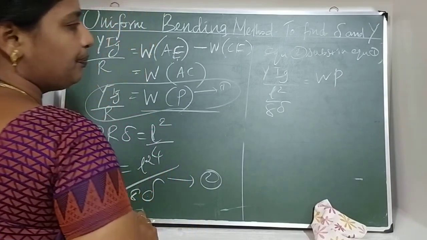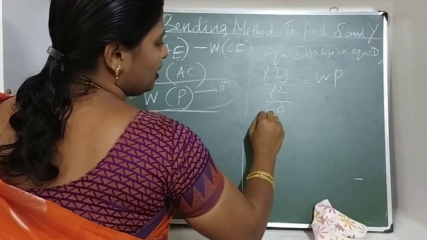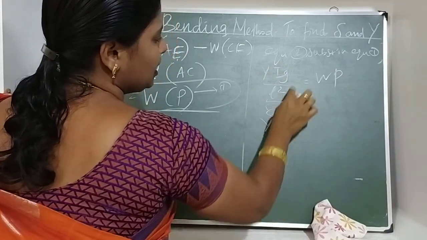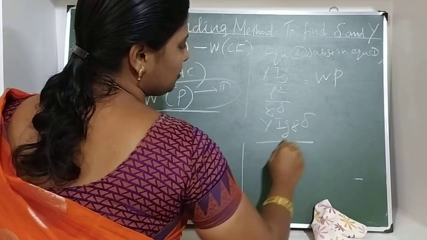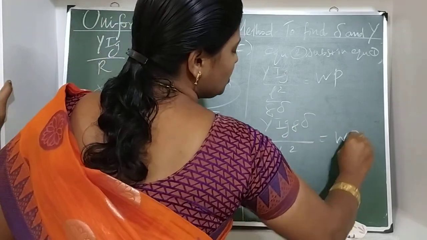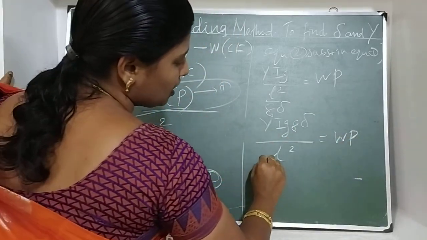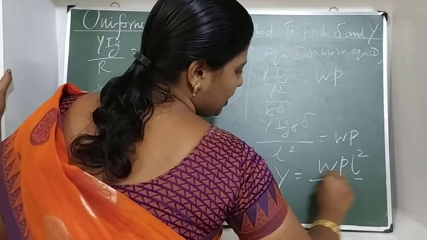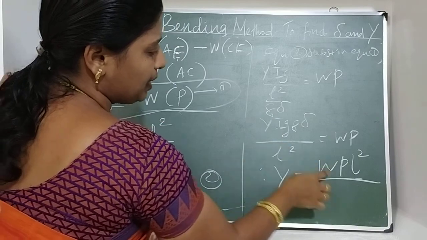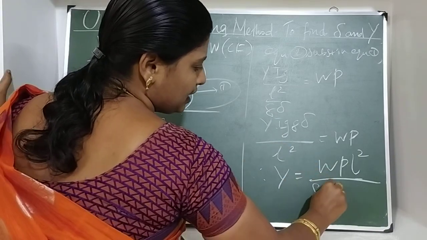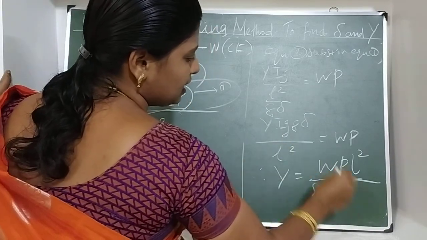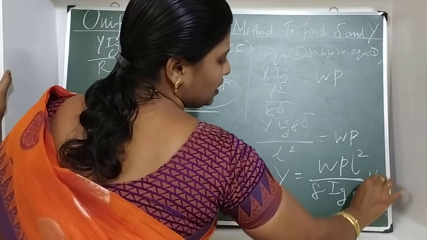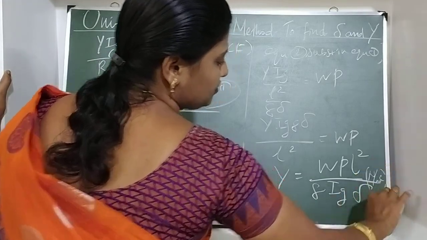You can simplify: Y Ig 8 delta divided by L squared equals WP. Therefore Y equals WP L square divided by 8 Ig delta. This is in Newton per meter square.